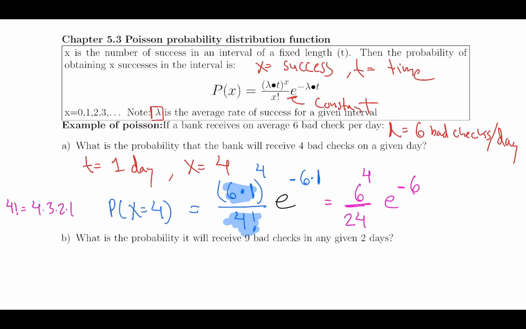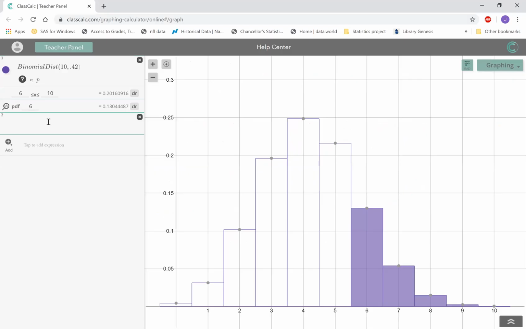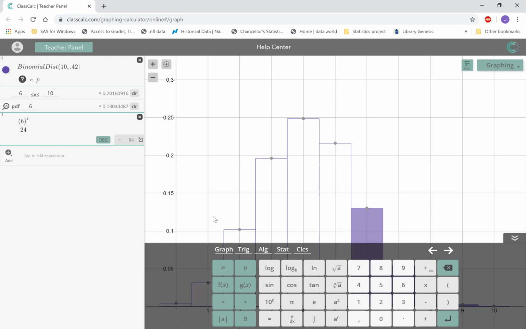Up next, we're going to use the calculator. So let me share. We're going to do 6 to the 4th power, and divide that by 24. If you have your calculator, you should notice right here where it says E. This is the E I was talking about.